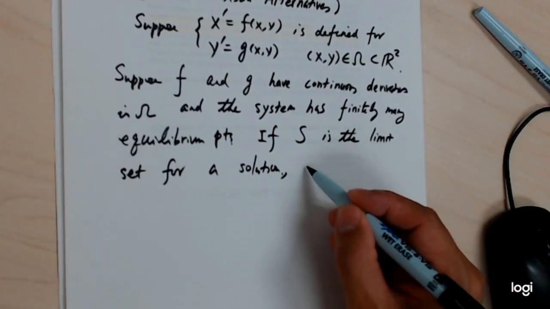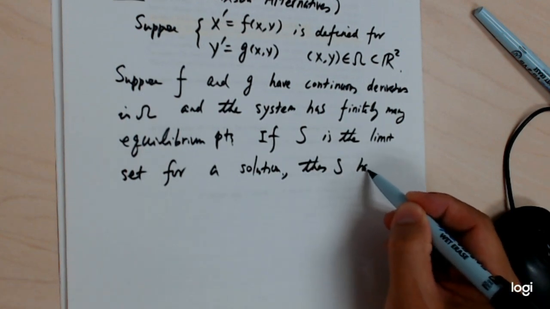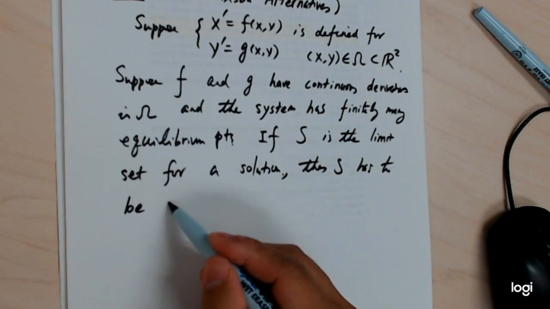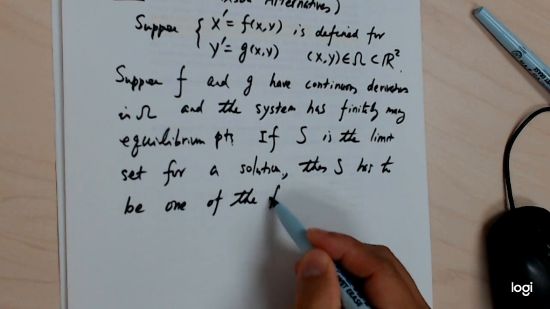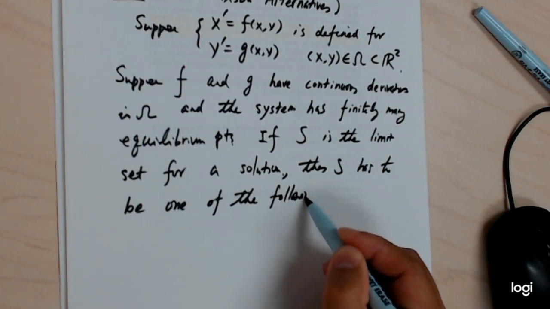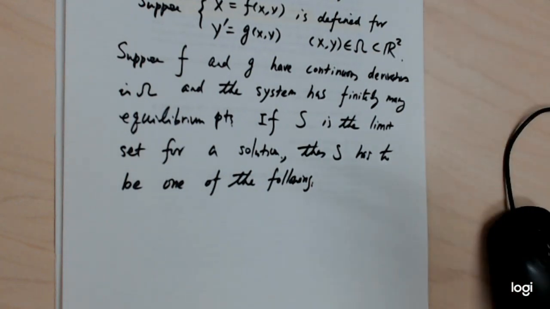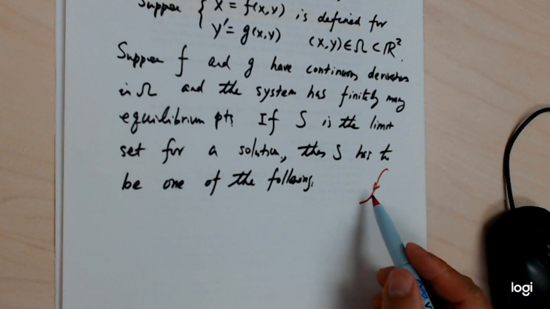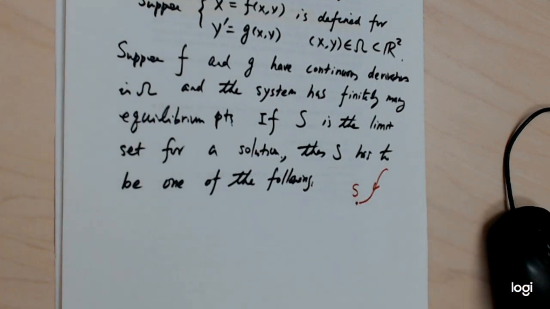Bendixson alternative claims that S has to be one of the following. So given a solution curve on the xy plane, where do you think this limit will be? What do you think the limit set will be?